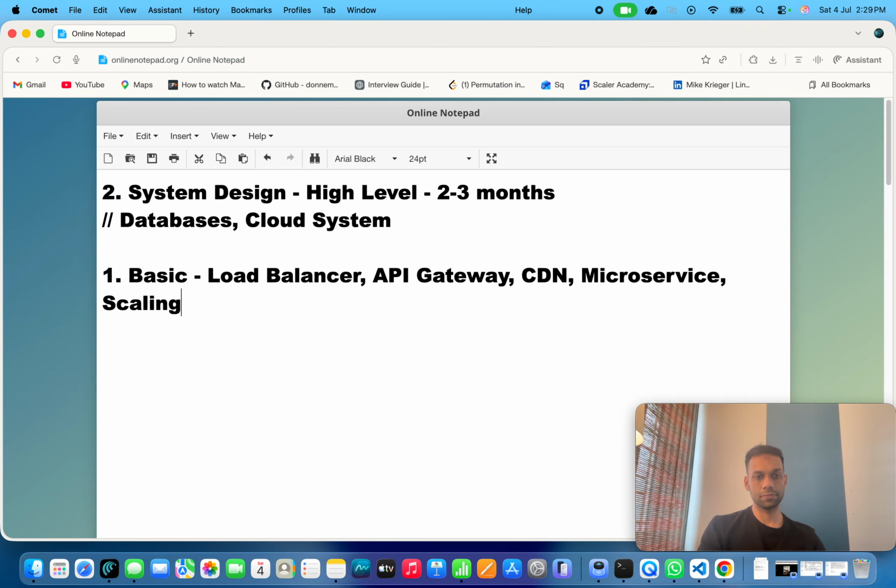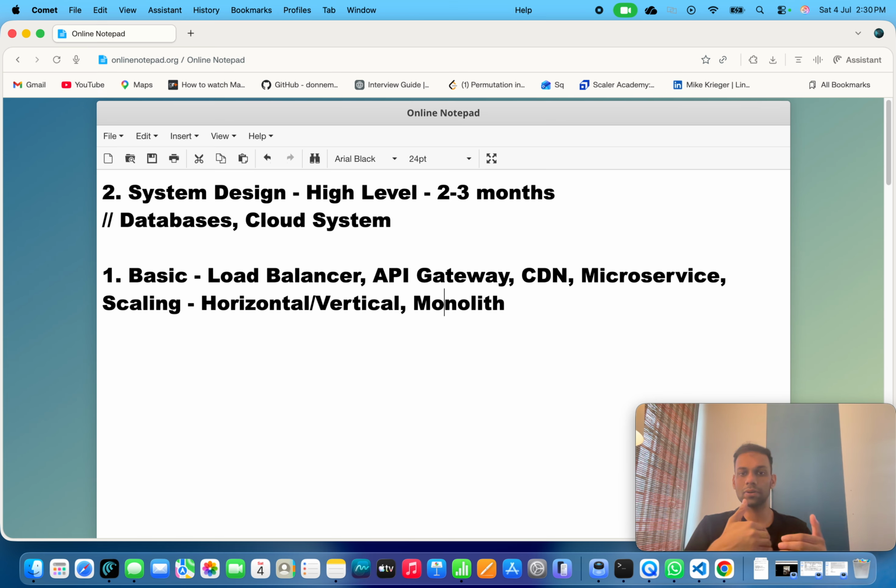Maybe scaling, vertical or horizontal, and when to choose what. Then it comes to your monolith application. It's all trade-offs. There is no right and wrong. It's all trade-offs in how you design your system. So these are all basic terminologies you should be covering. It's not actually just this, there are so many things, but I'm just giving you some top topics that you should be covering.